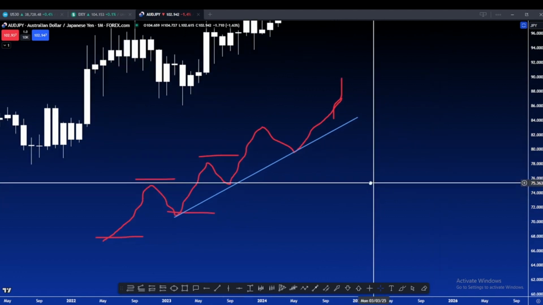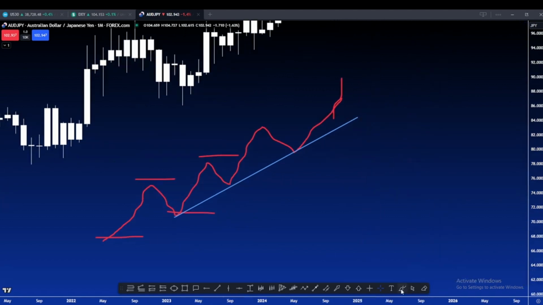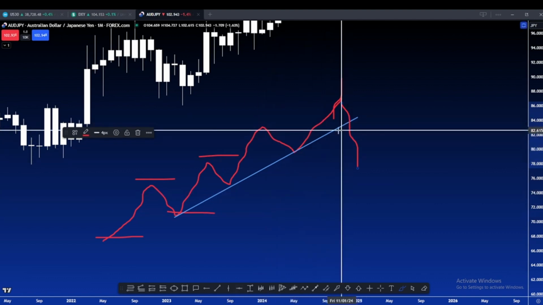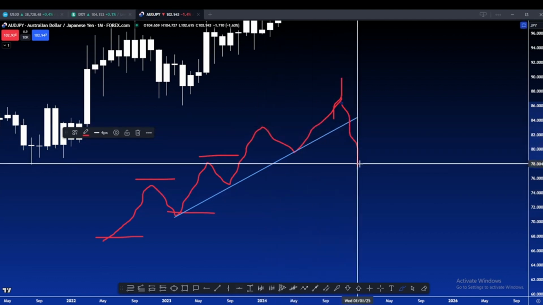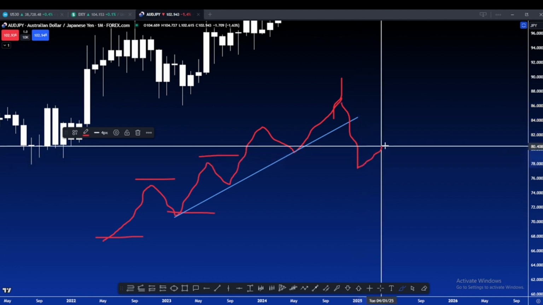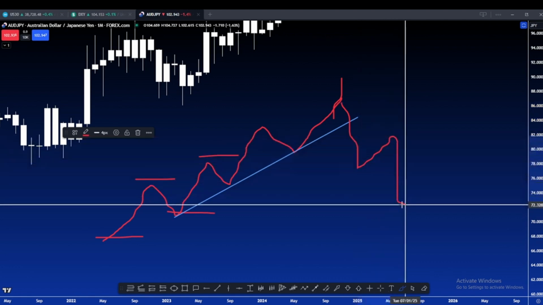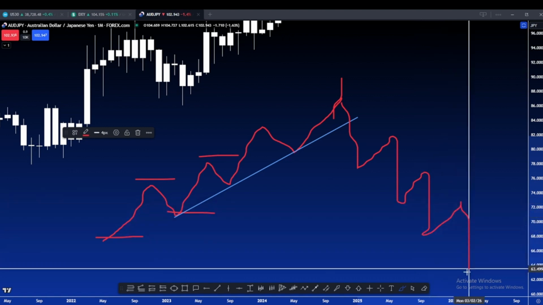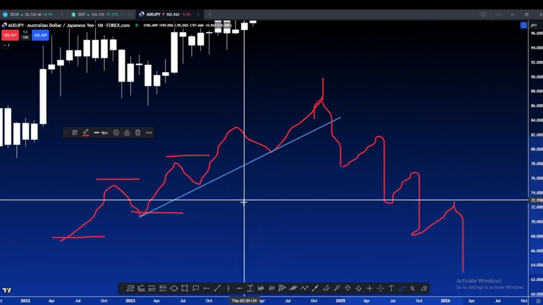That's it. Now, when you get price to break that trend line, now you have a situation where we could be heading in the opposite direction to start a downtrend where we make lower lows and lower highs, just like that. All right, so ugly downtrend, but you guys get the idea.